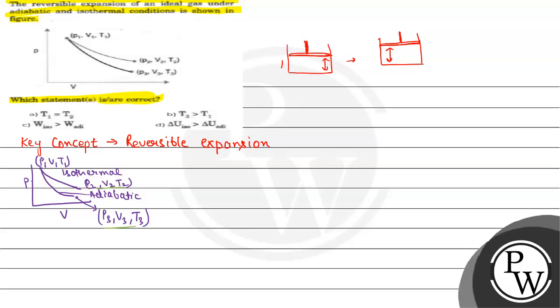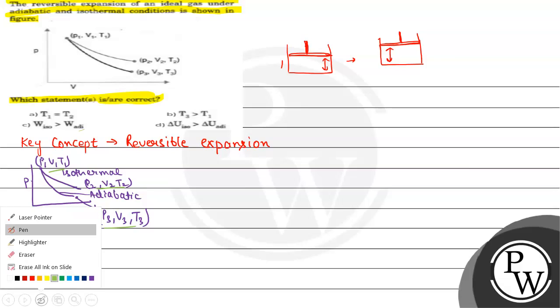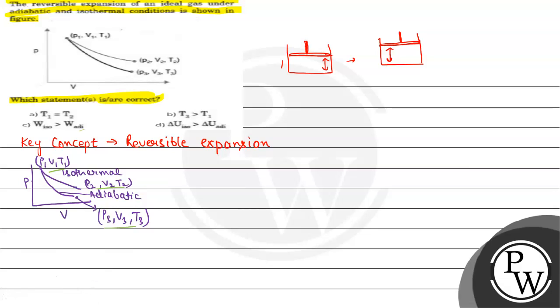So these are the things given in this question, and we have to check the options given, whether only one is correct or many are correct. So let us start from the temperature, as they have given us three temperatures T1, T2 and T3. From the ideal gas equation, we know that PV equals nRT.